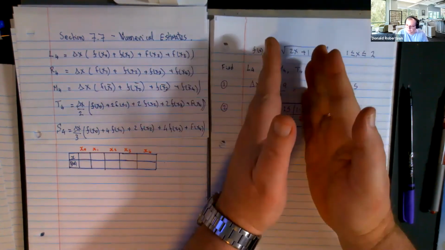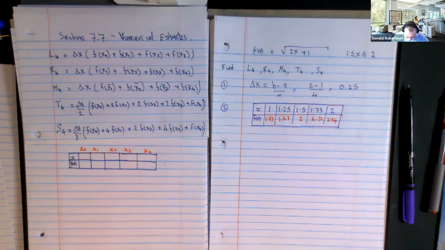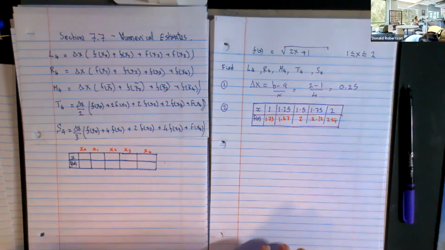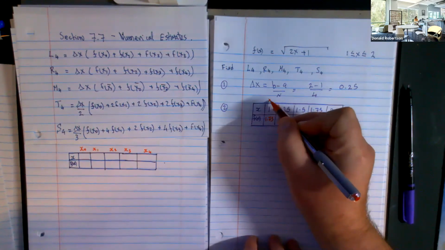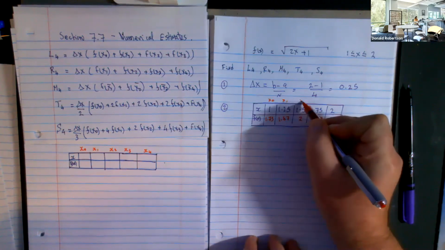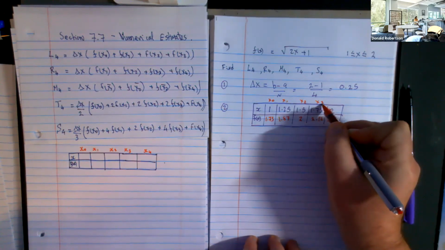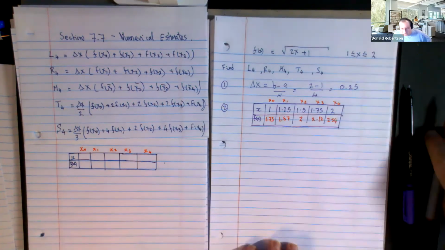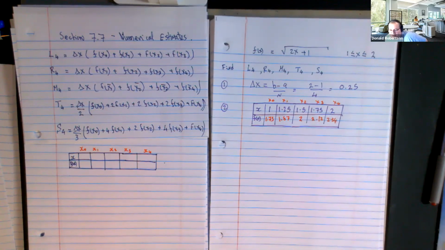Or you could make your table vertical, and that would work too. Now, when I do the table, I typically, because I'm careless, name the x values according to their x0, x1, x2, x3, x4 value.